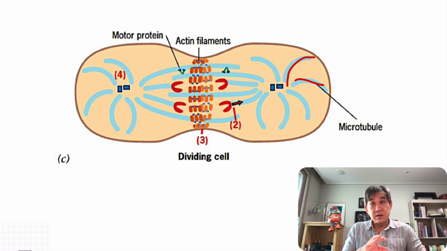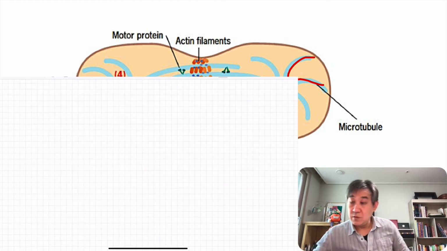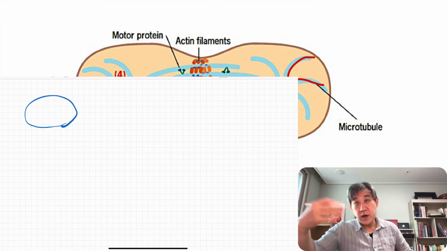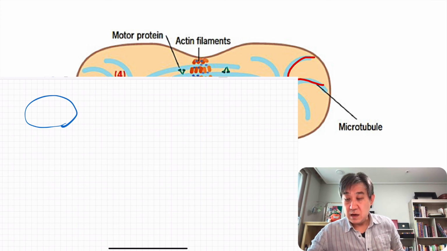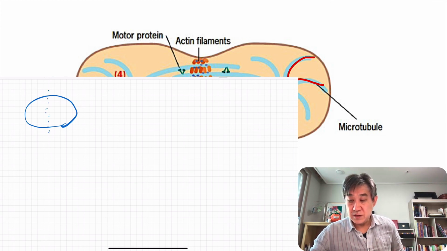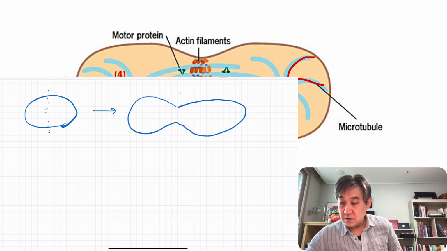So this is like a cell about to divide into two. The way a typical animal cell divides is that at the imaginary center, the equator, the cell will become like this, and then eventually split into two.